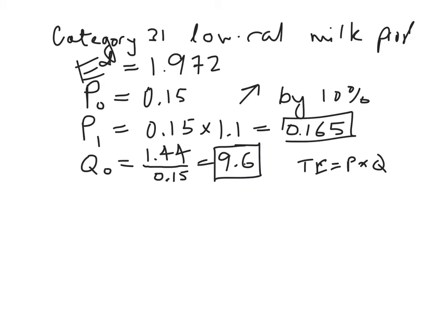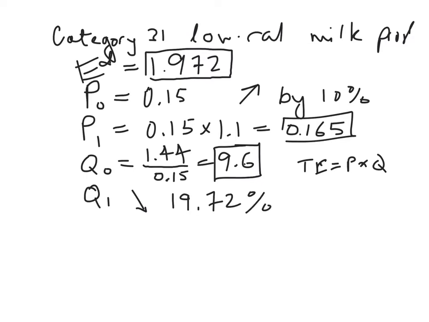All right, so what happens to quantity? Notice that the price elasticity of demand is 1.972. So price goes up by 10%, quantity is going to go down. For every 1% price increase, there's a 1.972% decline in quantity demanded. So if there's a 10% price increase, we're going to estimate that quantity demanded falls by 19.72%. Very, very big.